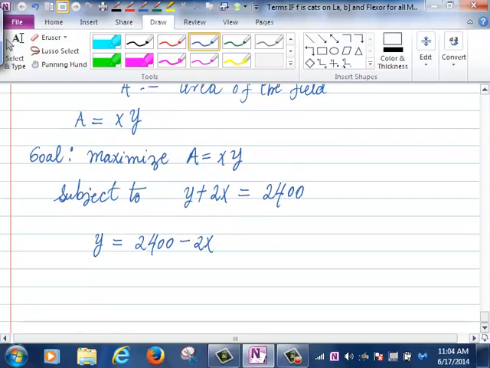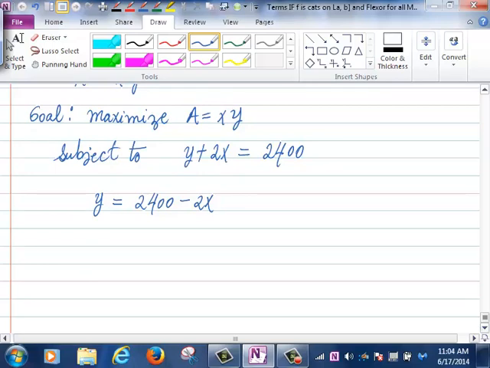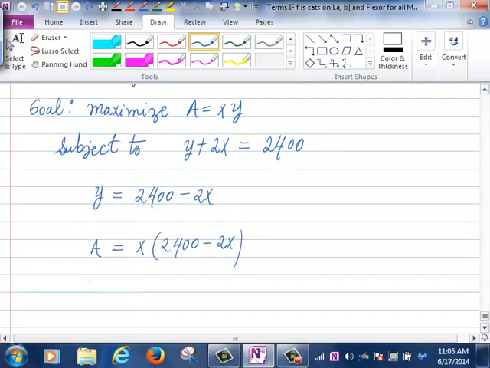And then I'm going to plug that in for y in the formula for A. So I get A would be x multiplied with 2,400 minus 2x. And what does that equal to? Yeah, so A would be equal to 2,400x minus 2x squared.